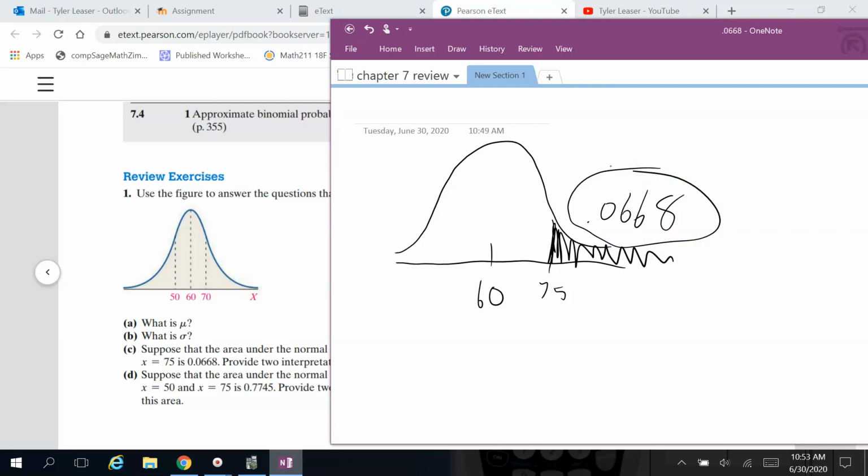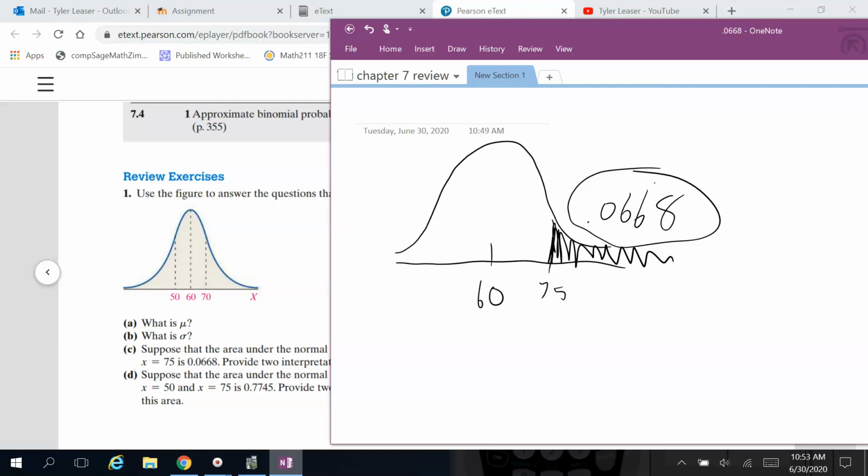And there's two different ways. I mean, there's many ways, but two major ones. The first way is what we did back in Chapter 3. If we think of this random variable as just data points, then what we can say is that the proportion of data points that are bigger or equal to 75 is about 6.68%. Another interpretation that we have now is probability.